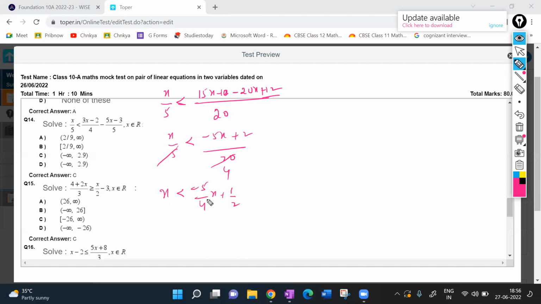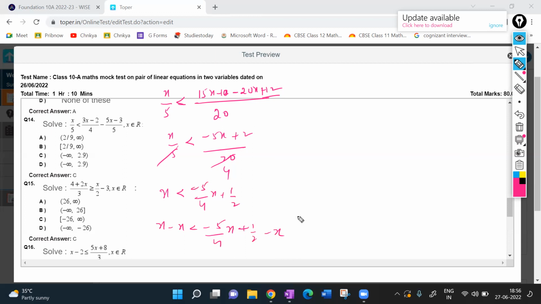x minus 1 by 2, correct? So can I subtract x on both sides? Sir, the step before is correct.